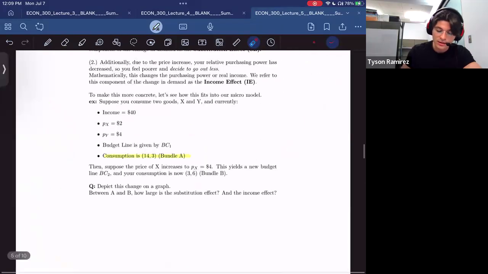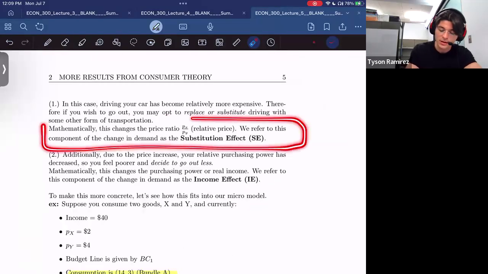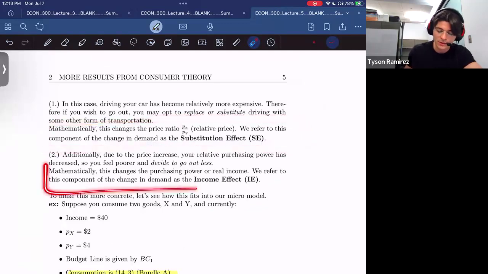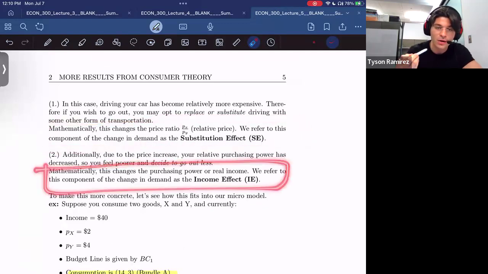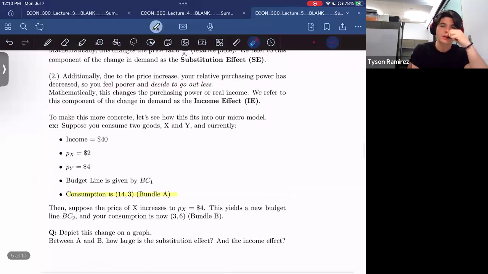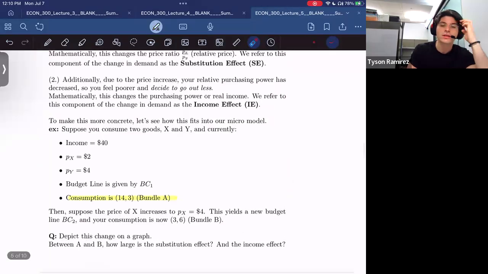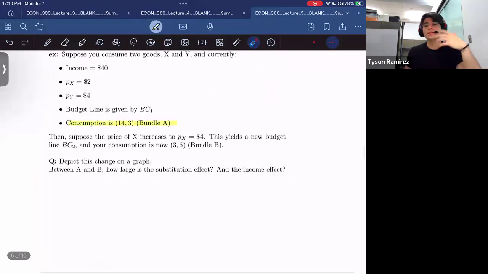The substitution effect is what happens when the price ratio changes, and the income effect is what happens when our purchasing power decreases. Very real world things, especially the purchasing power one, which I feel is pretty easy to imagine. These are just little bits of micro theory that enrich these models and allow us to answer more targeted questions.